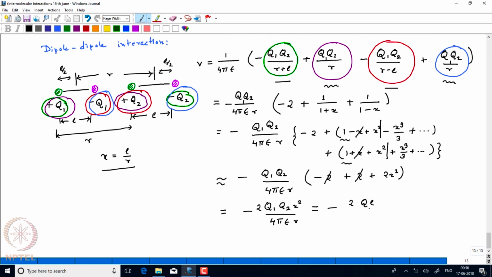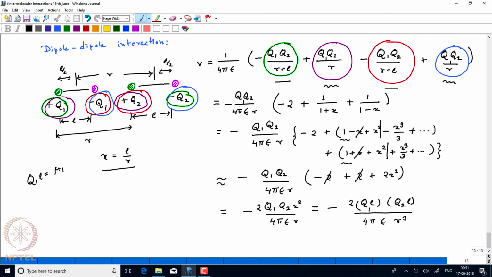So one L I am attaching with q1, and the other L I am attaching with q2. This will be L squared divided by 4 pi epsilon r cube, and then what we have is q1 into L.